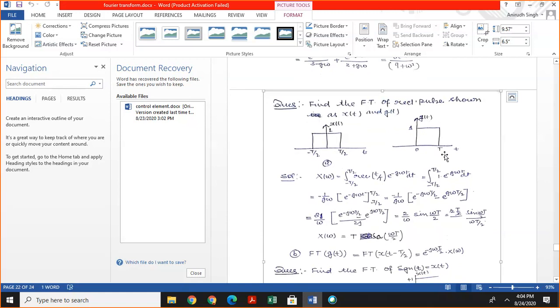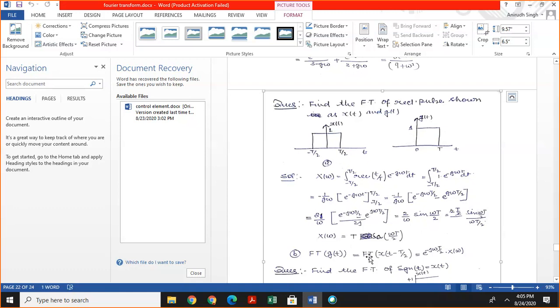Then find out the Fourier transform of g of t. The Fourier transform of g of t is simply the Fourier transform of x of t minus T by 2. This rectangular function is shifted to the right by T by 2.